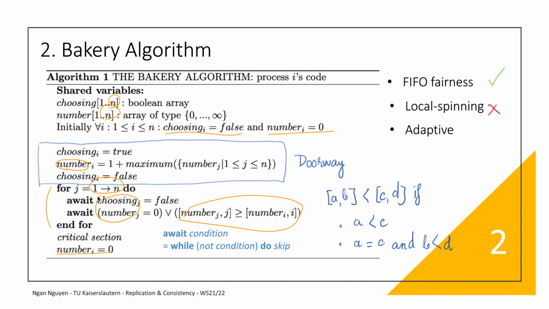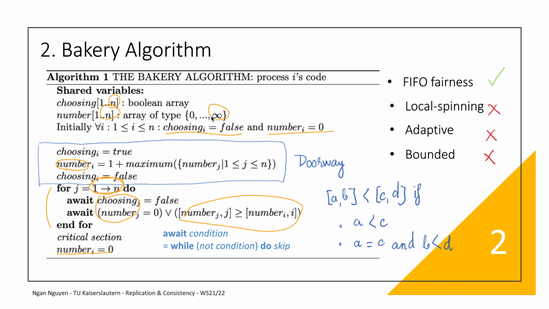It doesn't satisfy adaptive as well because the algorithm has time complexity depending on n, the total number of processes. An algorithm only satisfies adaptive if its time complexity depends on the number of contending processes. And it isn't bounded because its value can be up to infinity.